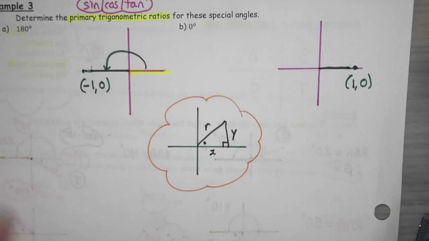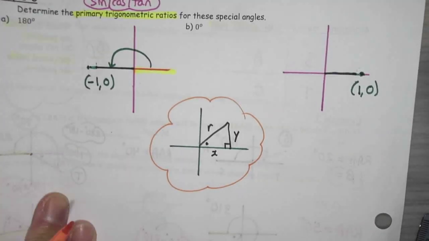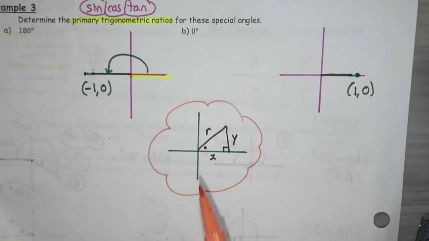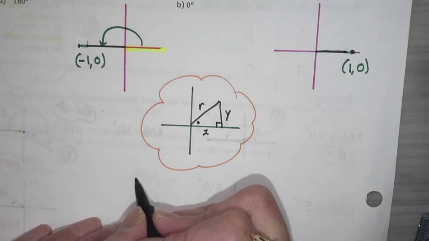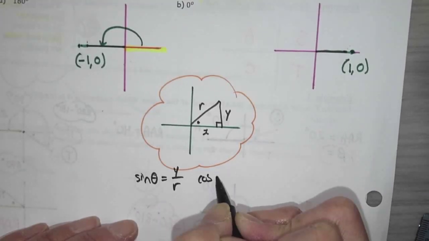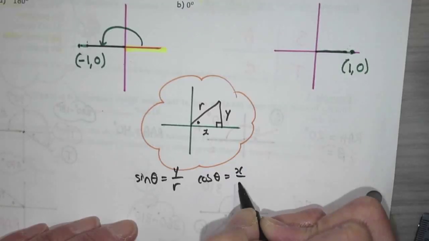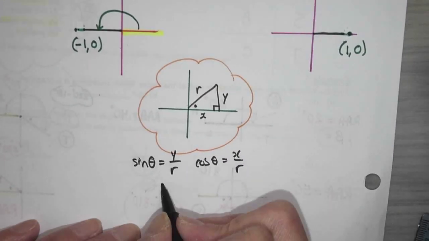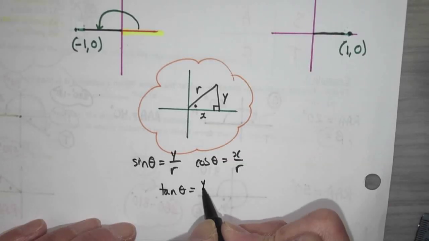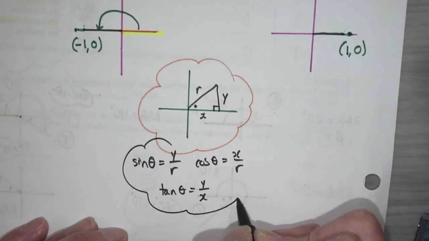I don't like memorizing. So on the other side, sine theta is y over r. Cos theta is x over r. Does that make sense? And tan theta is y over x. Some people memorize this.